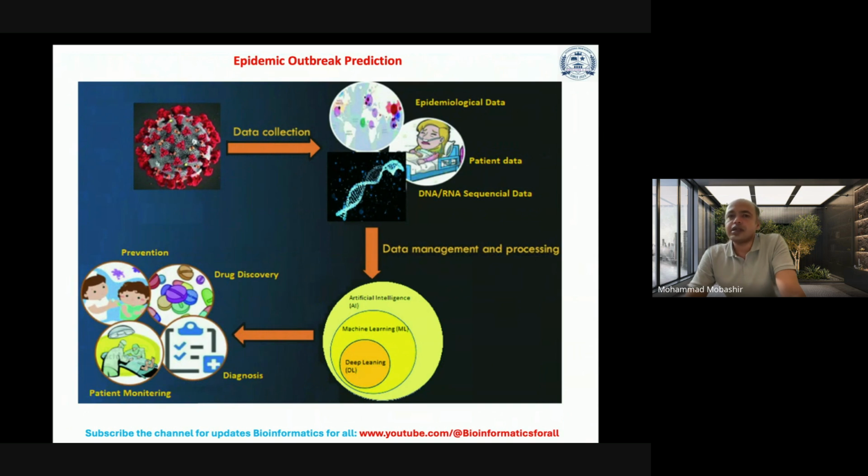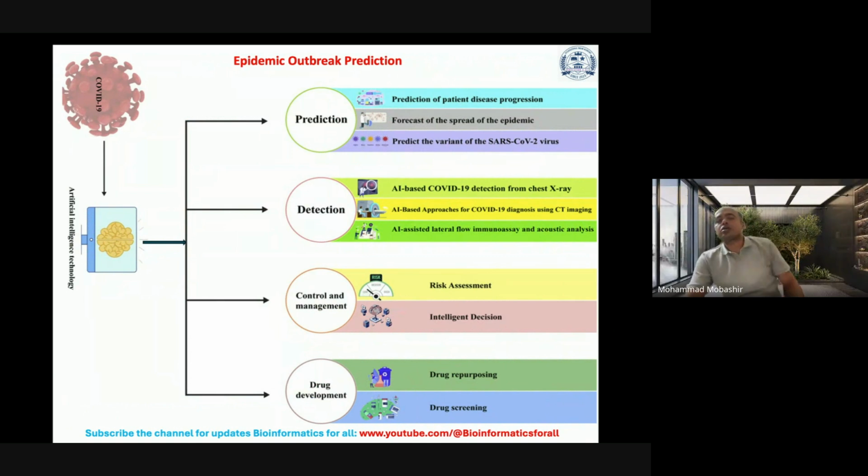Now, if you want to think about it in a detailed way, the COVID-19 outbreak prediction and data analysis approach, you will be getting information on COVID-19 artificial intelligence technologies. Then in prediction, you get the prediction of patient disease progression, forecast of the spread of the epidemic, and prediction of variants of SARS or COVID-19.